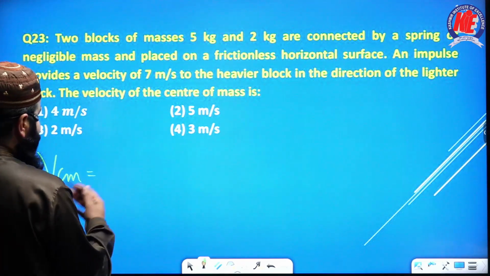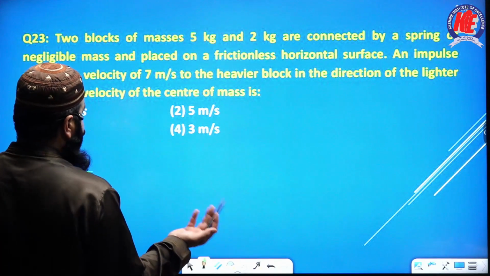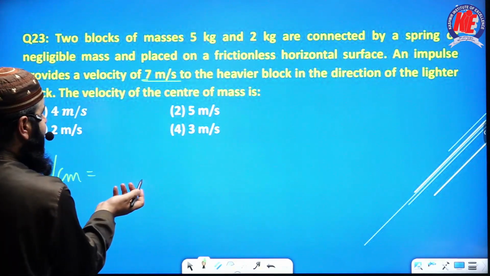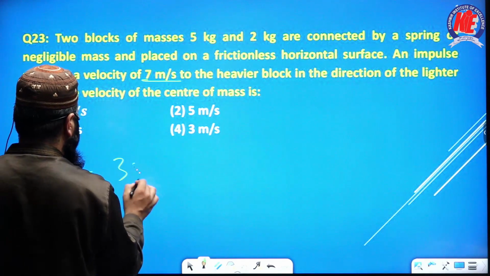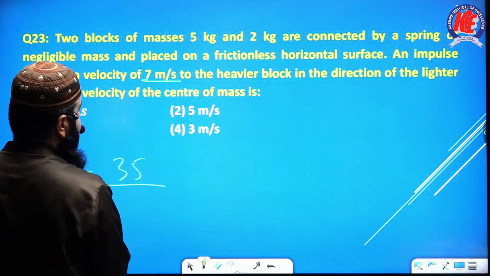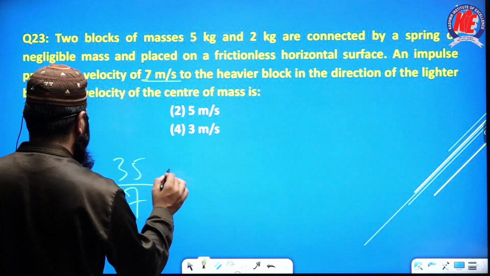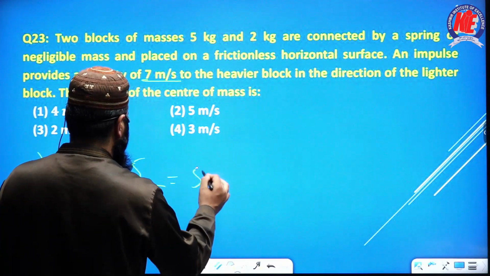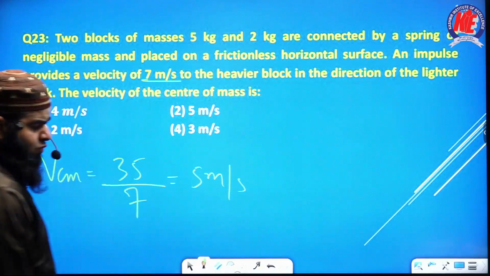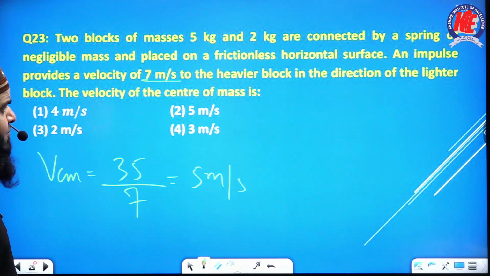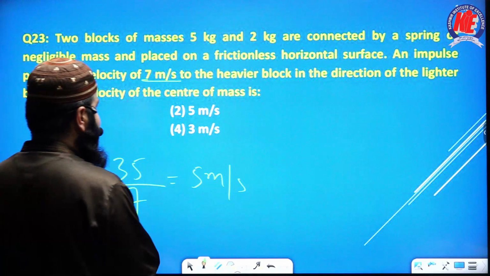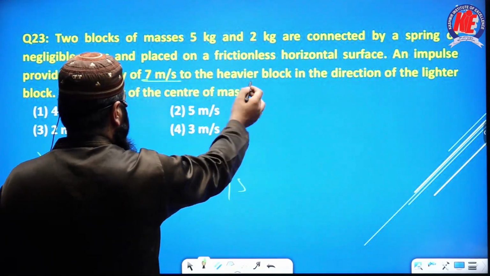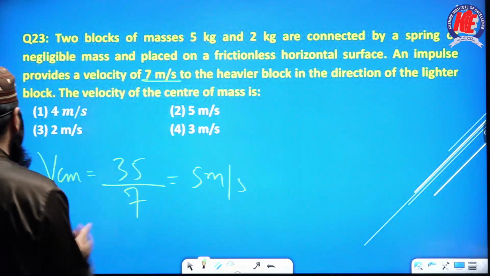So an impulse that is force into time, वो कितनी वेलोसिटी इंपार्ट कर रहा है 7, किसको, हेवियर को. सो उसका बनेगा m1 v1 है 7 into 5 that is 35 divided by the total mass 5 plus 2 is 7, 35/7 that is my dear 5 meter per second should be your answer. Because while calculating m1 v1 plus m2 v2, एक में आपकी mv term 0 होगी because an impulse provides a velocity of 7 meter per second to the heavier block only. So 5 should be the answer.